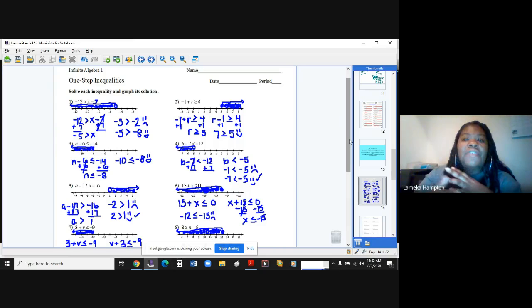I think you all have the solving part down pat. I think it's the graphing part that bothers me. So we will continue to practice more on how to graph these inequalities. But you all did a really good job with solving them. So that's half the battle.